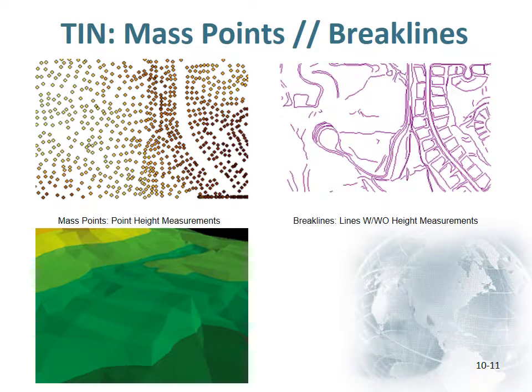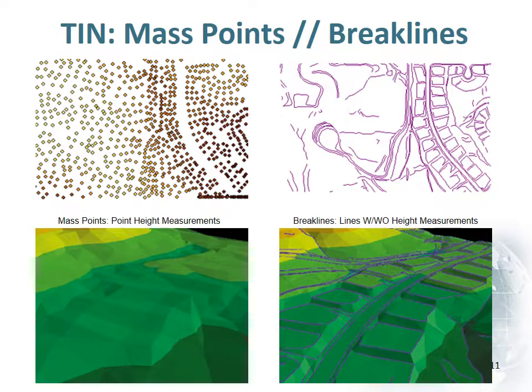Now we're going to bring in break lines, which are vector lines describing areas and features on the landscape, but they don't necessarily have any height measurements or elevations attached to them, but they are features on the landscape. So we can pull both of these in, the mass points or the break lines, and say, well, take the TIN and make it look more like it does in reality.